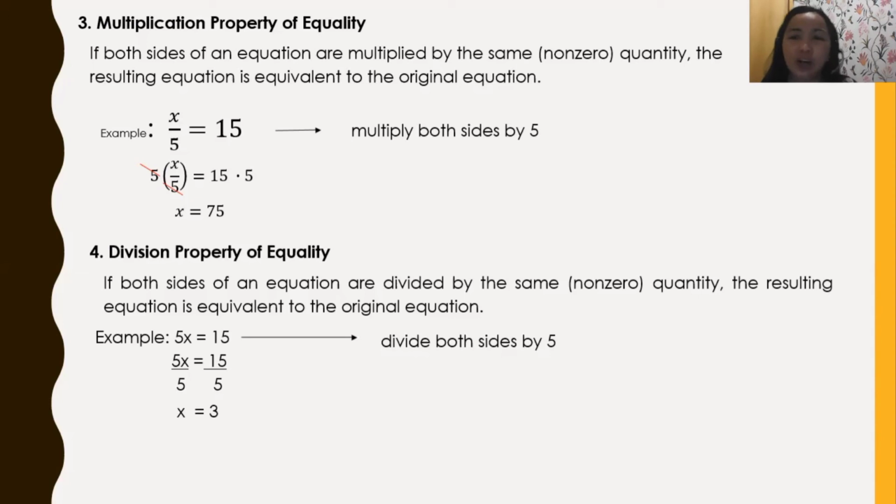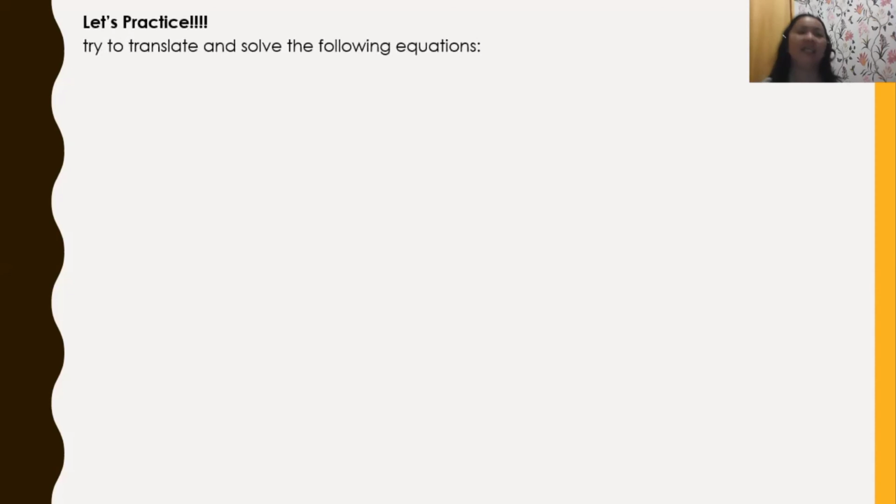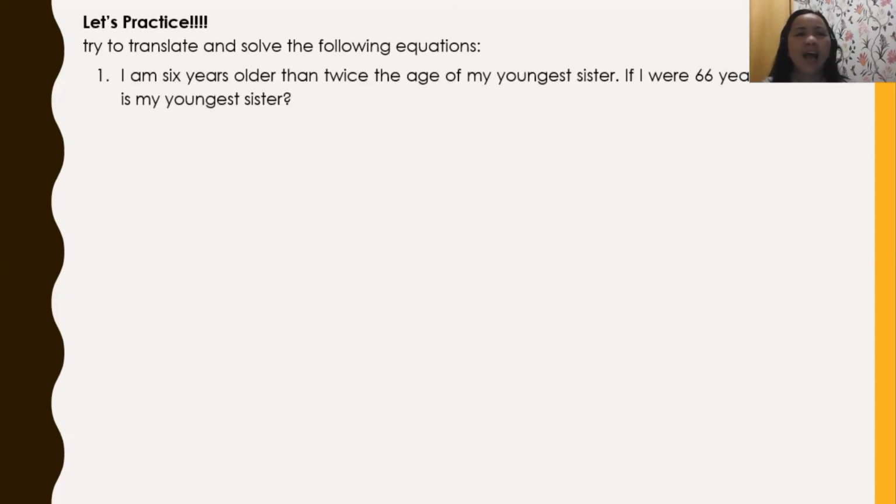So these are the 4 basic rules or basic properties that we can use to solve an equation. Let's have an example. Let's practice. Let's try to translate and solve the following equations. I am 6 years older than twice the age of my youngest sister.